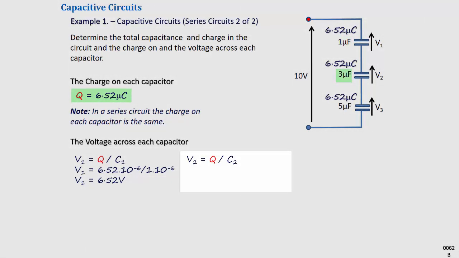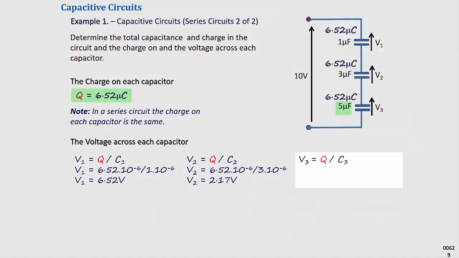And V2 equals Q divided by C2. Substituting the values, V2 equals 6.52 times 10 to the power minus 6 divided by 3 times 10 to the power minus 6, which equals 2.17 volts.